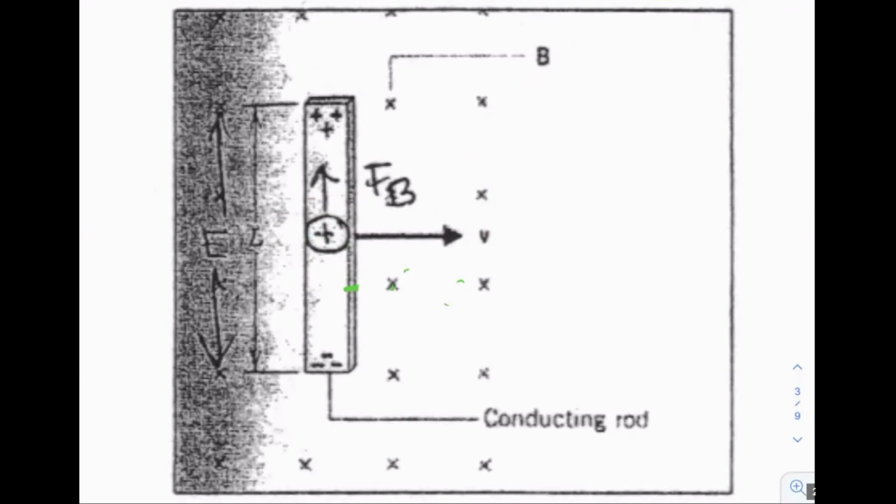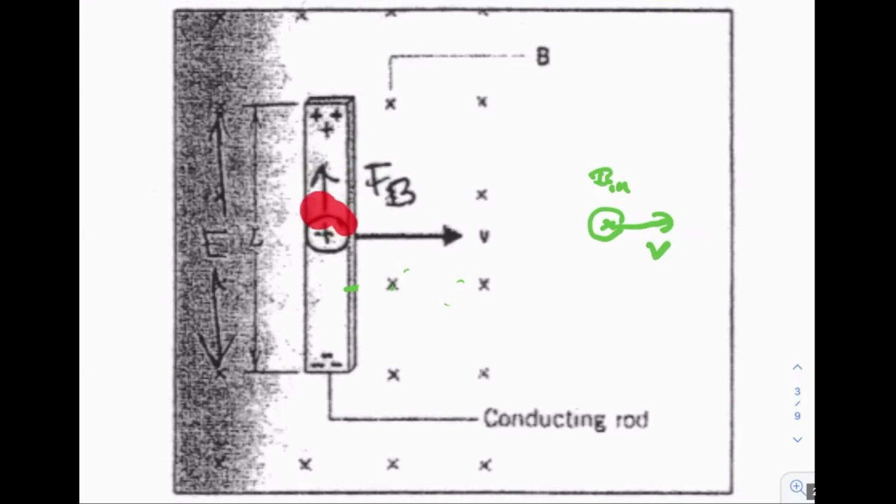Using the right-hand rule, you line up your thumb in the direction of the velocity vector, and the fingers will point in the direction of the magnetic field. So your palm is going to face in the upward direction, which means that the magnetic force is going to be in the upward direction.